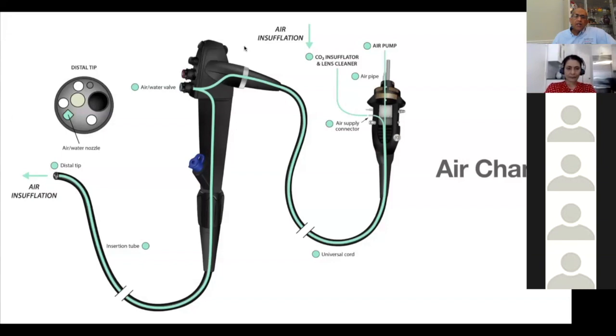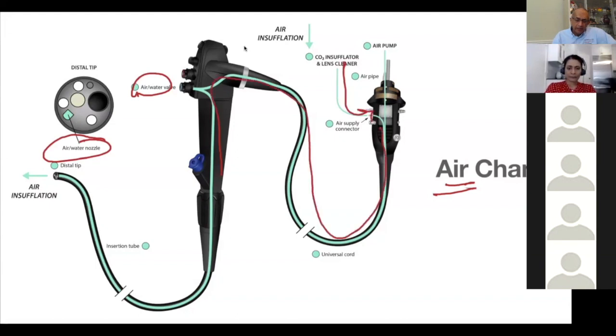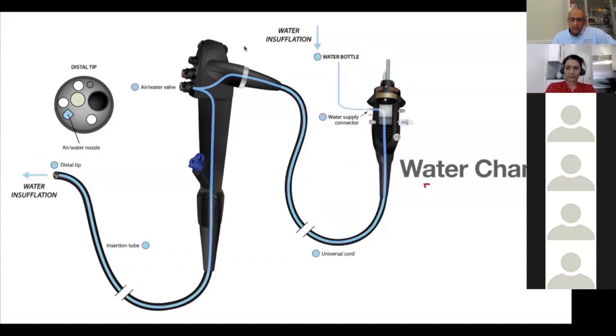So let us look at the channels. As we talked about a couple of weeks ago, we have channels for air. So that's the air nozzle, and you press the air valve. The air comes from here and it goes, as you can see. And this is a channel, as well as the water channel, again the same path.